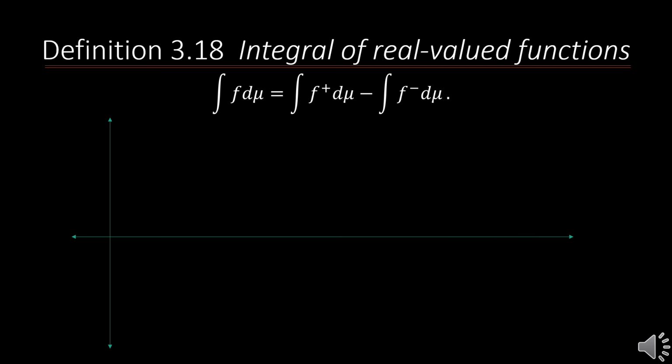So we return to our blue axis. However, this time, when we draw f, we don't need to worry about f being positive everywhere. So we can draw it like this. Let's take a look at f positive and f negative given this graph of f.